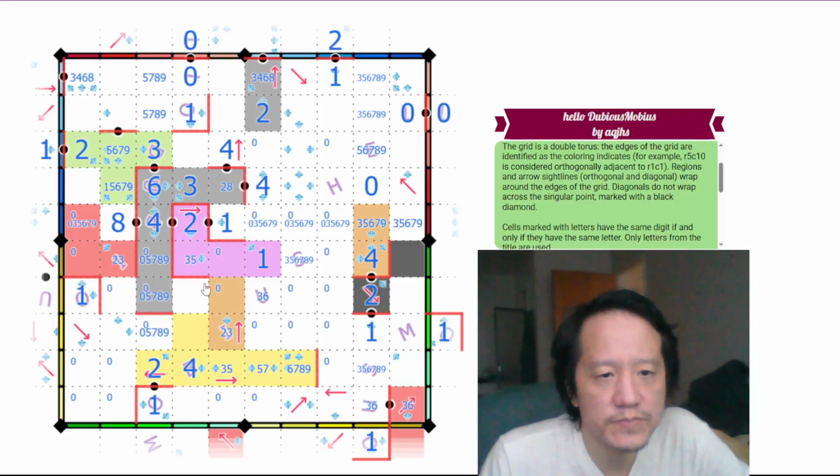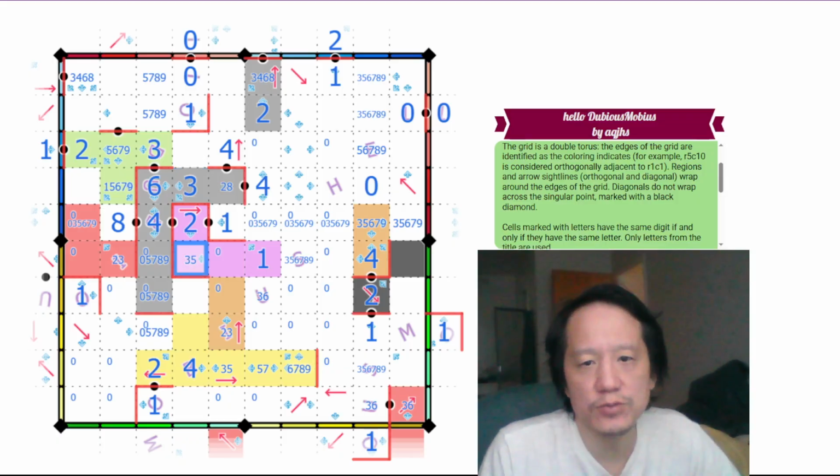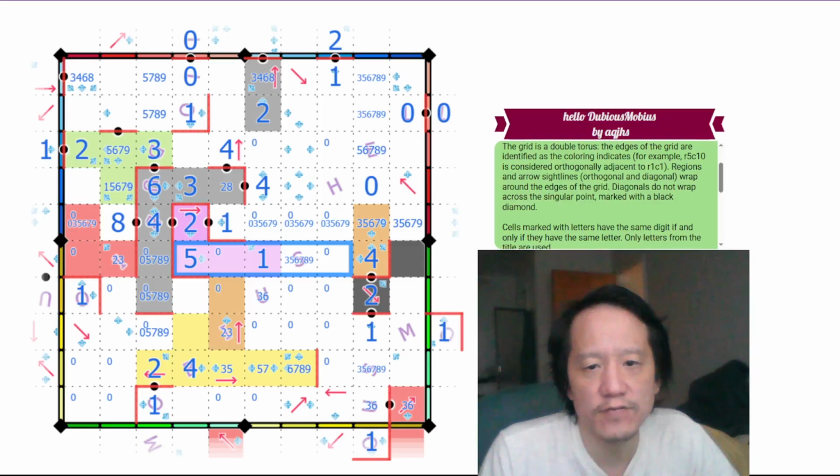Okay. Okay, this 3 eliminates 3 here, so this is 5. Okay, so this sees 5 this way. So it's 5 here. Therefore, this can't see more this way.